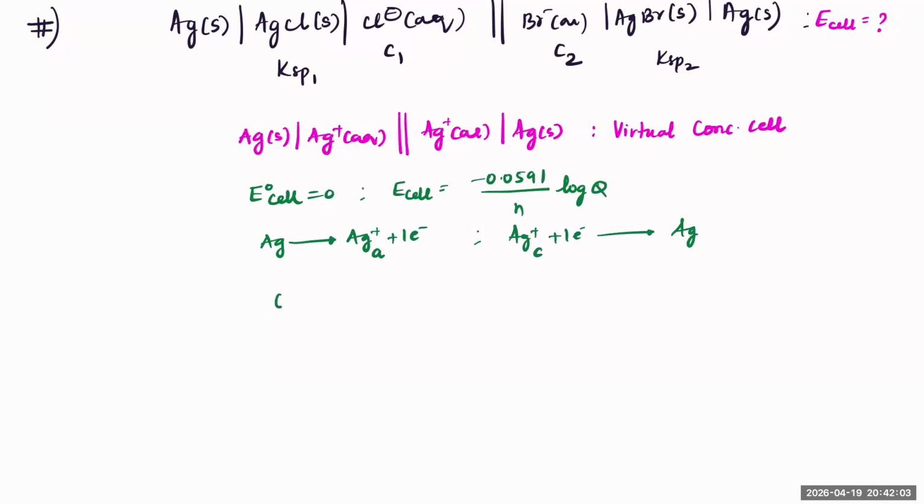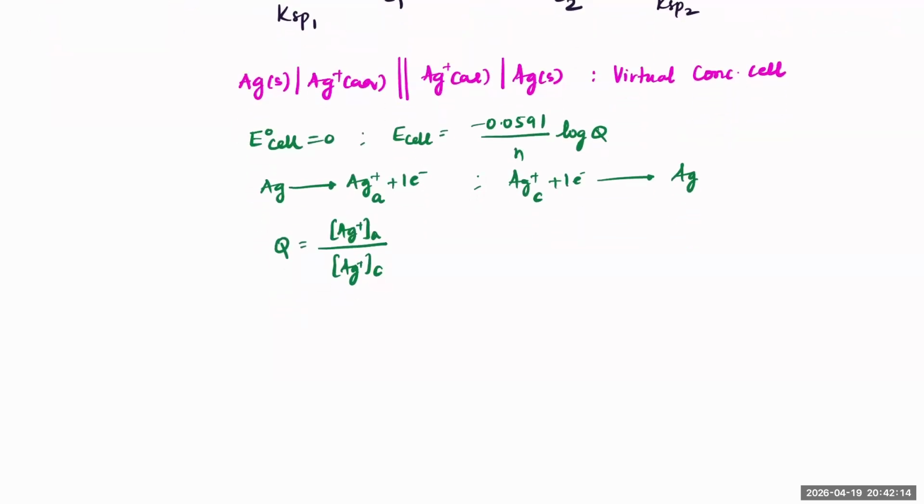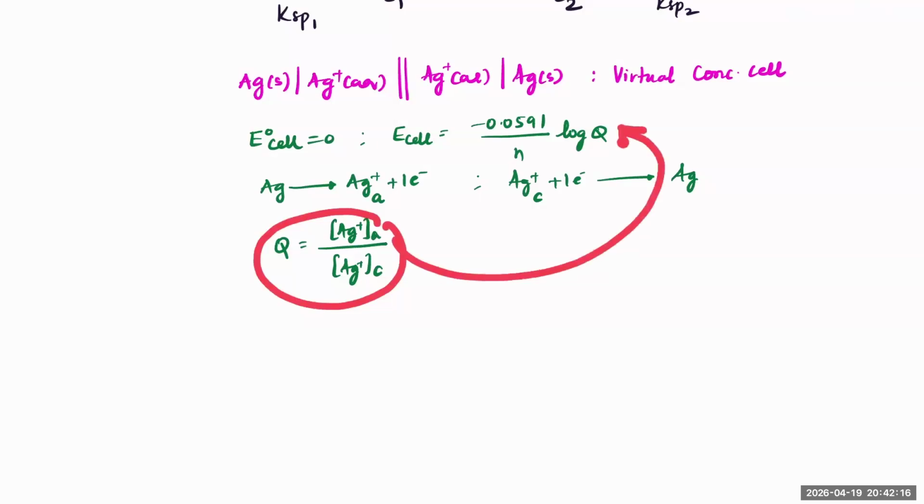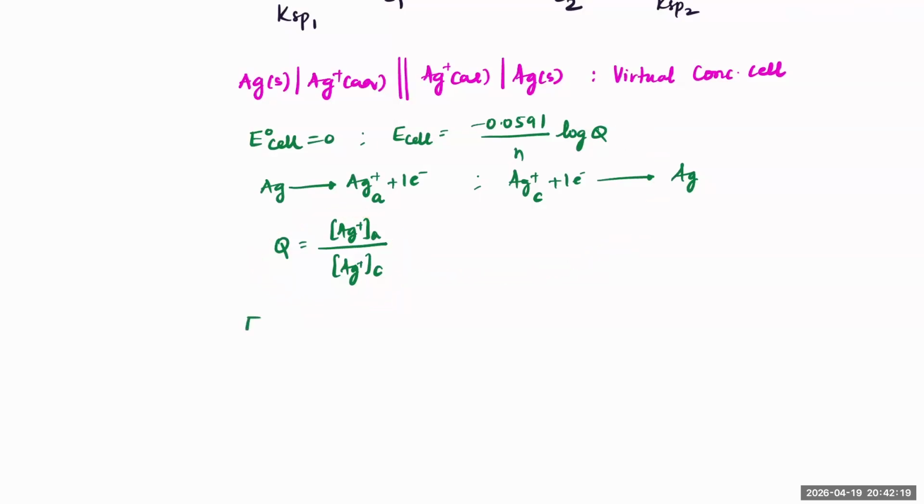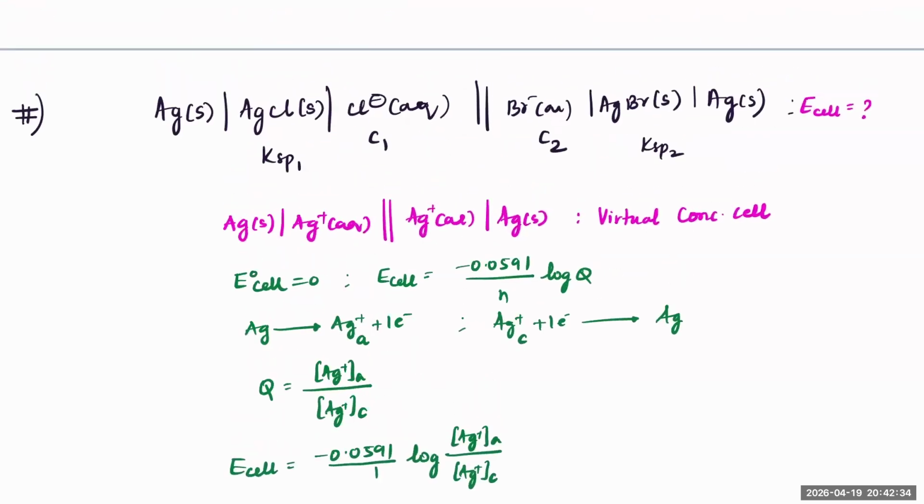So overall Q is equal to Ag plus at anode upon Ag plus at cathode. Okay. So if I substitute this value here, then what do I get? I will get E cell is equal to minus 0.0591 by 1 log of Ag plus concentration at anode upon Ag plus concentration at cathode. Okay.